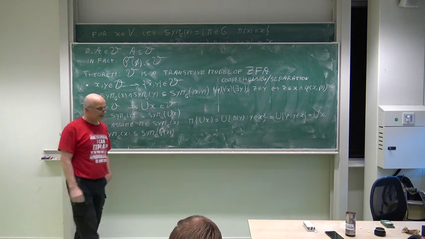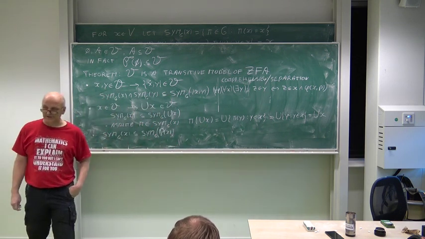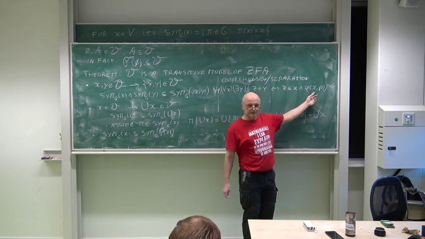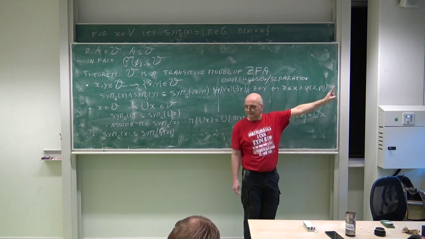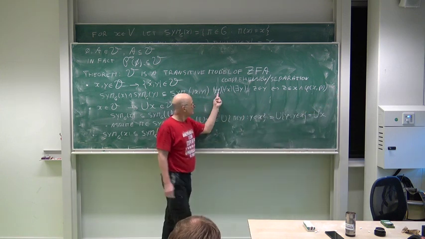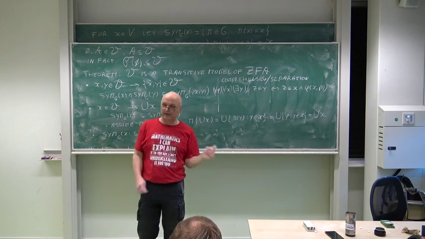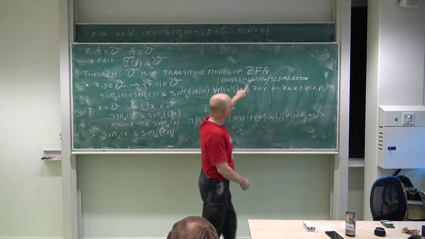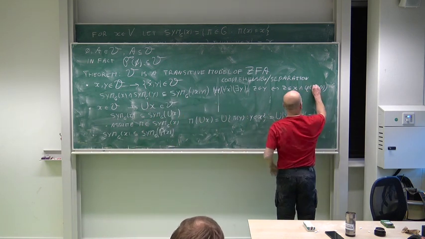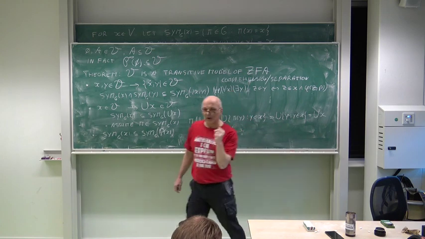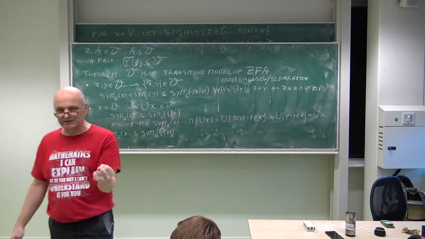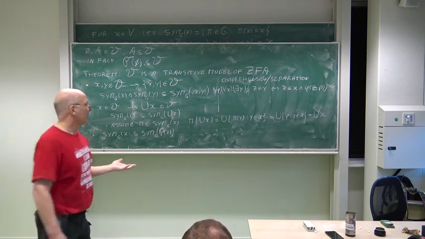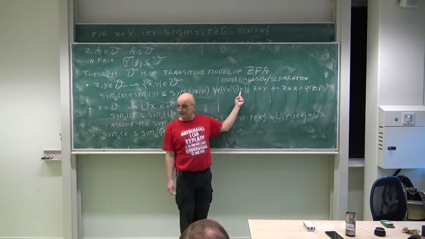Okay, this is roughly what comprehension looks like. You have a formula in the language of set theory with two free variables. You can substitute something for one free variable and use it as a parameter in your definition. And then you look at all the members of X, the given set, that satisfy that formula with the parameter in it, and the axiom says that's a set.